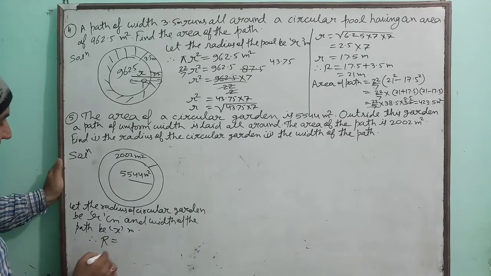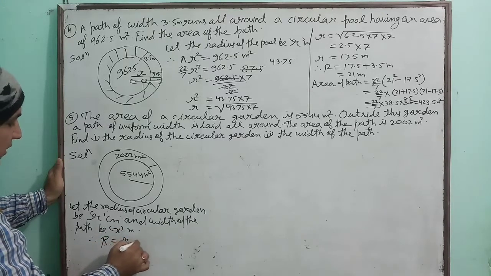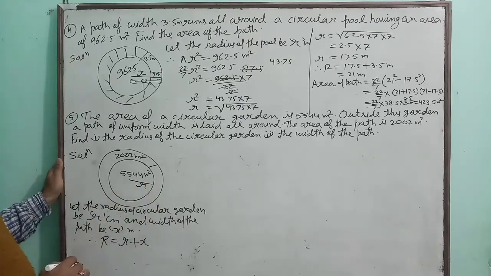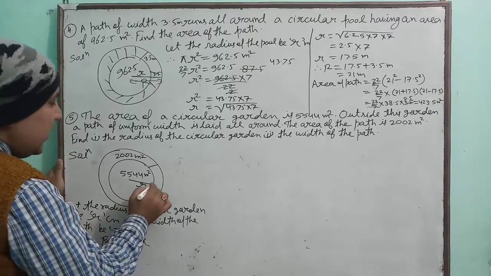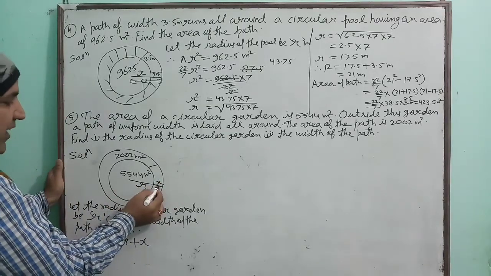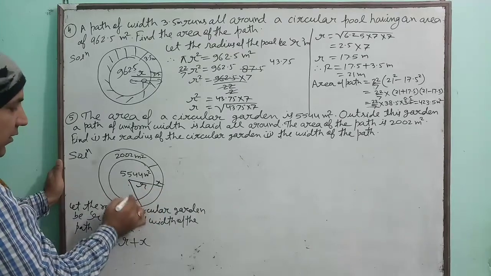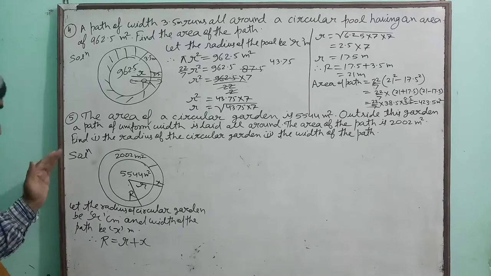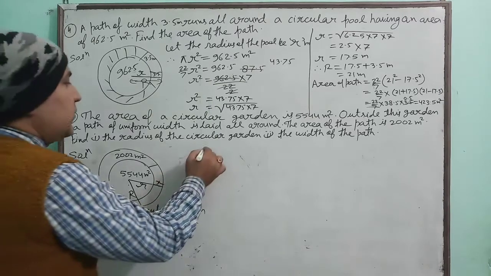Therefore, what will be the capital R, children? This is small r plus x, because r is the radius of the circular garden and width of the path is x. So this small r plus x will be the capital R. Is this understood? After this assumption, now we will solve the question.